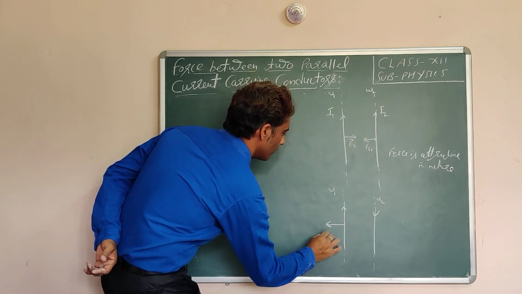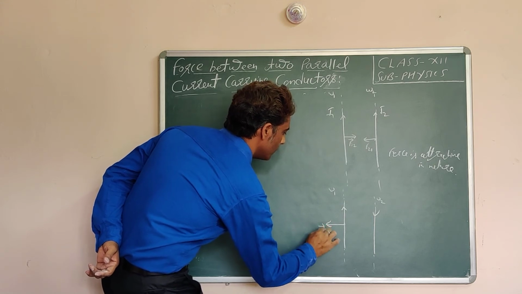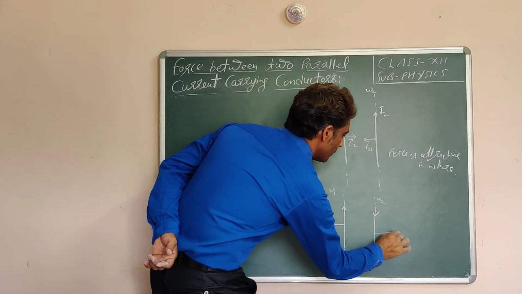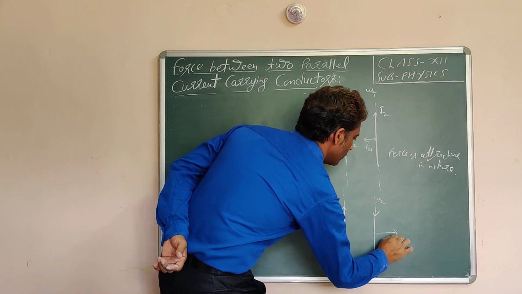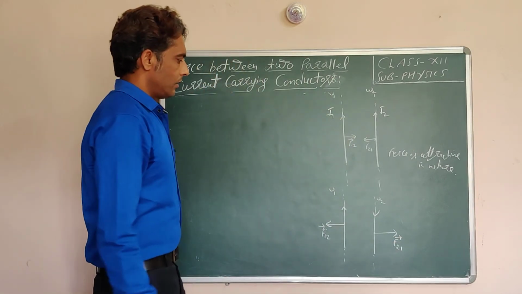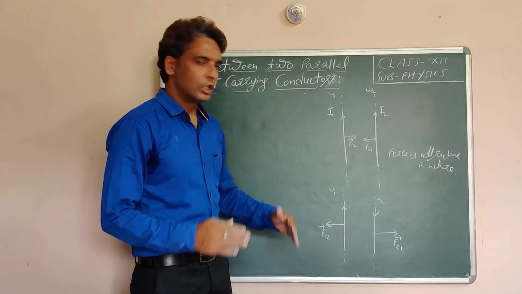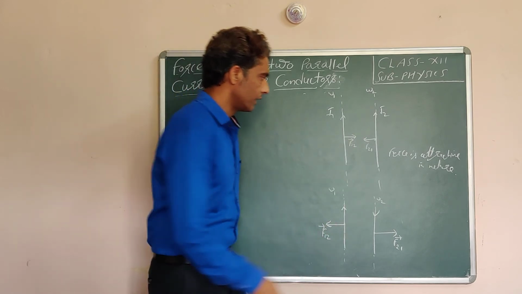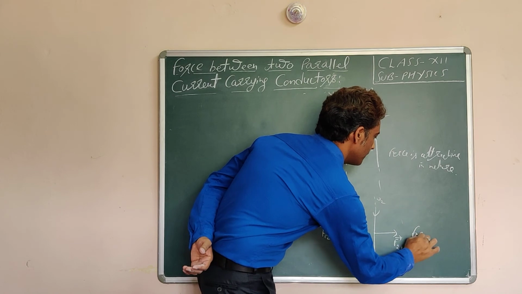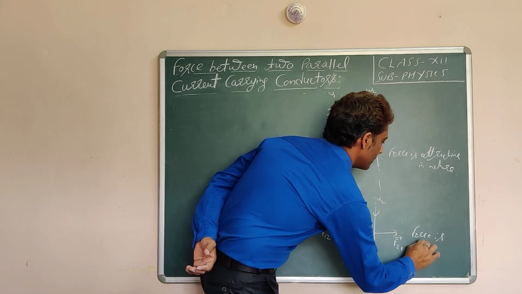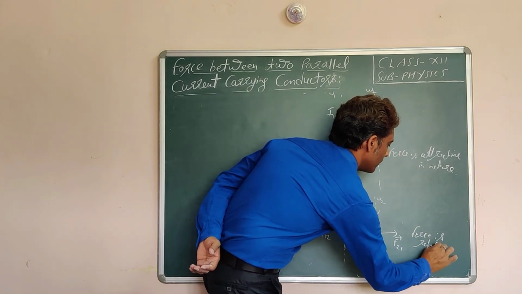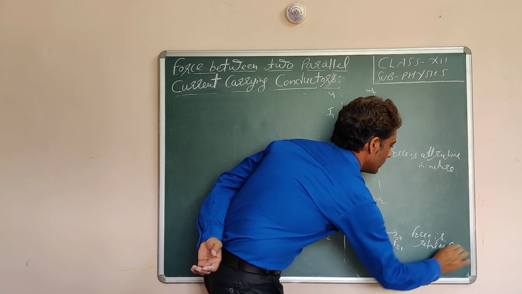This is force on 1 due to 2. This is force on 2 due to 1. So when the current is in the opposite direction, they go away from each other, that is, the force is repulsive in nature.